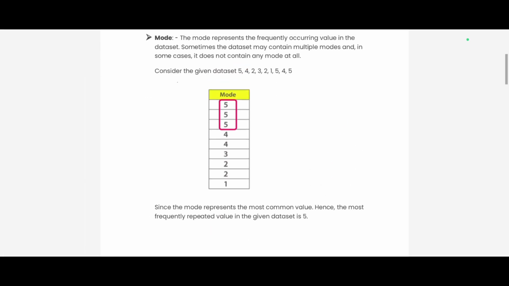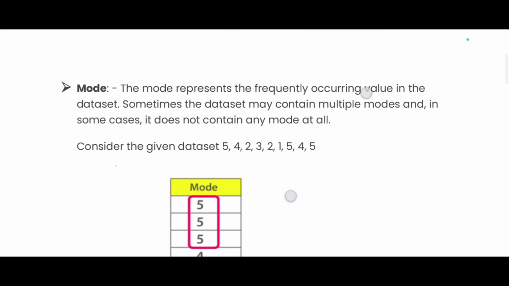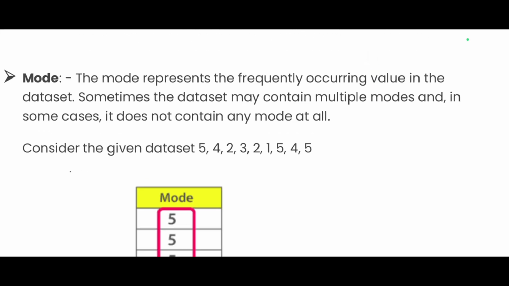Similarly, you can see the mode. What is the mode? The mode represents the most frequently occurring value in the data set. Sometimes the data set may contain multiple modes, and in some cases it does not contain any mode at all.